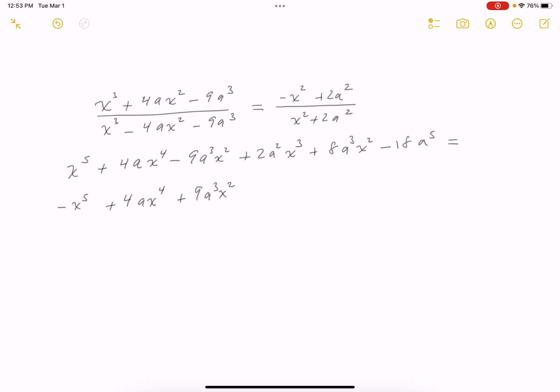Let's keep moving along. Plus 2a squared x cubed, and then minus 8a cubed x squared, and then minus 18a^5, all right? Now, again, I want to emphasize what's happening here.